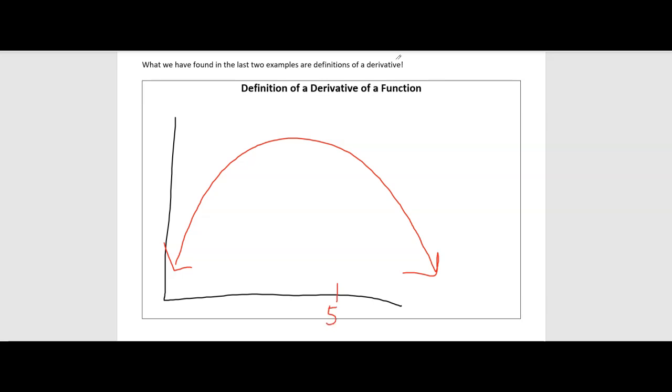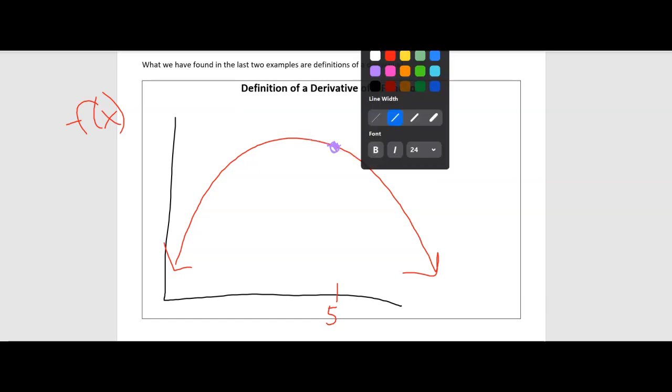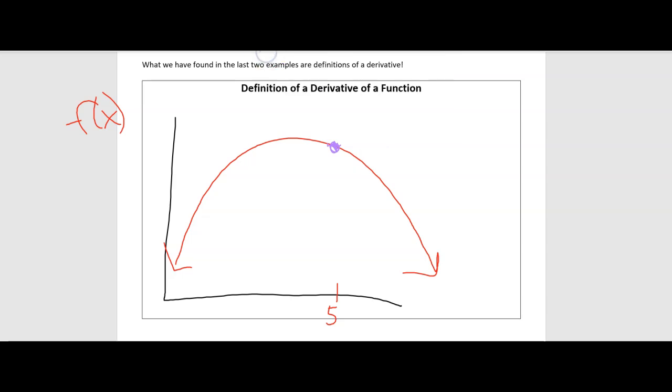Let's call this 5. We'll call this function f of x. And I want to find the slope of the function specifically at this point. So I can represent it using a tangent. That's not a great tangent line. Let's try a little bit better. That's a little better.